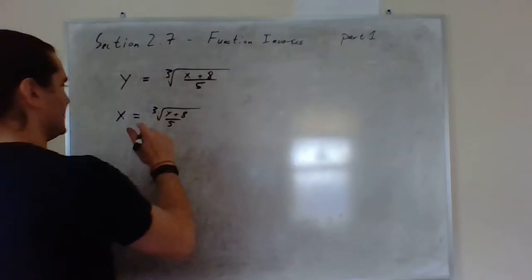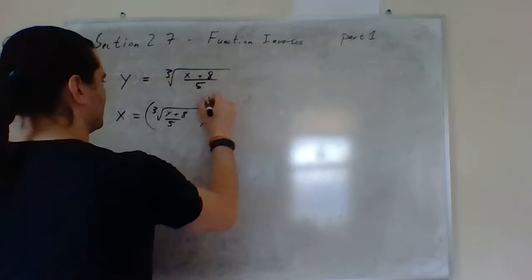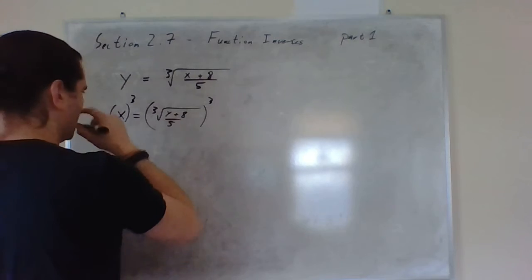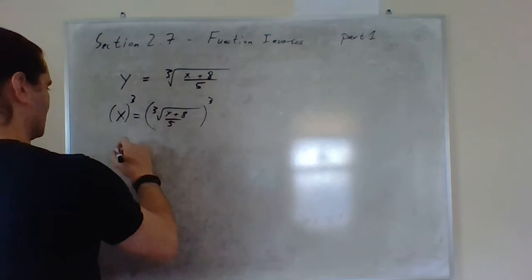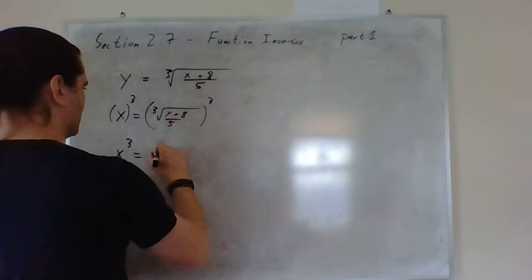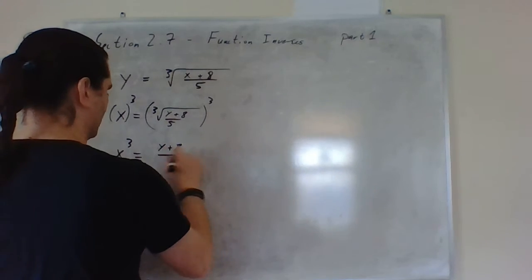So if we want y to be isolated, the first thing we would have to do is cube both sides. So we'd have x cubed equals y plus 8 over 5.